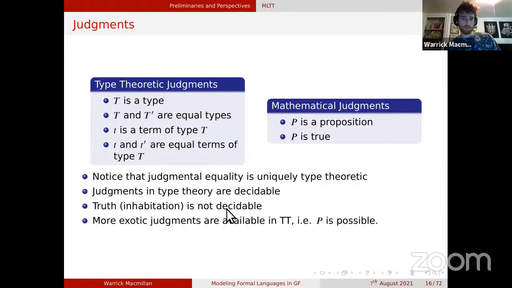There are also more exotic judgments available in other type theories, like "P is possible." If you took a Curry-Howard perspective on modal logic, for instance, and you were trying to figure out a programming language for it, you could ask what judgments in this programming language capture this logical phenomenon, but we won't get into that here.